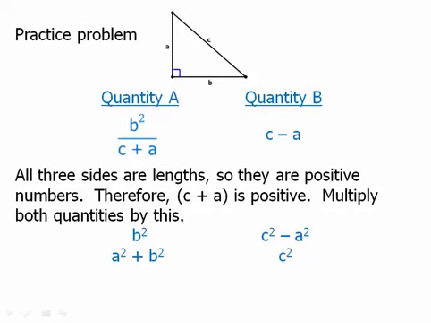C is the hypotenuse, and of course Mr. Pythagoras guarantees that for any right triangle, A squared plus B squared would have to equal C squared. That is the Pythagorean theorem. So these two columns are always equal as long as the angle's a right angle, and of course the diagram does guarantee that it's a right angle. So always equal, the answer is C.